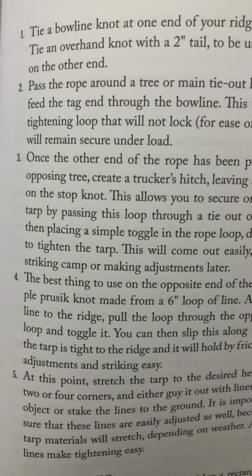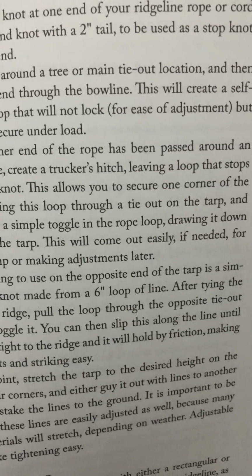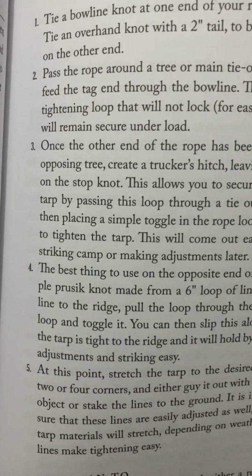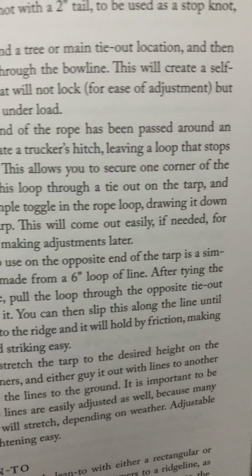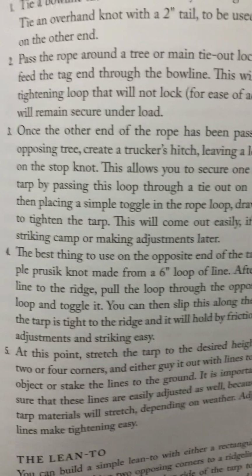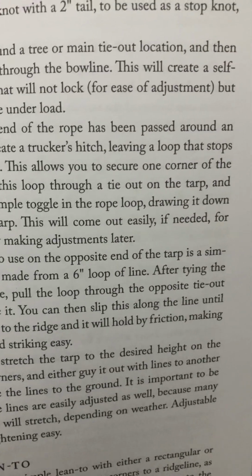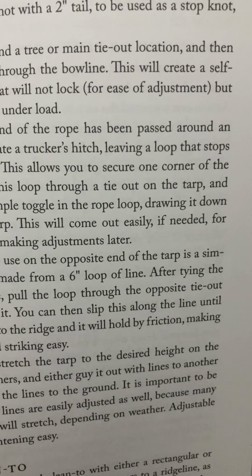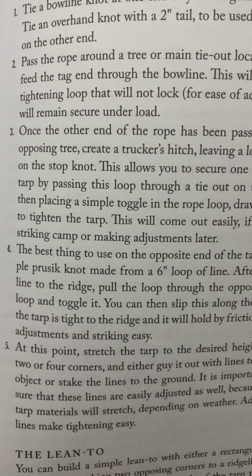Number 2. Pass the rope around a tree or main tie-out location and then feed the tag end through the bowline. This will create a self-tightening loop that will not lock for ease of adjustment, but will remain secure under load.